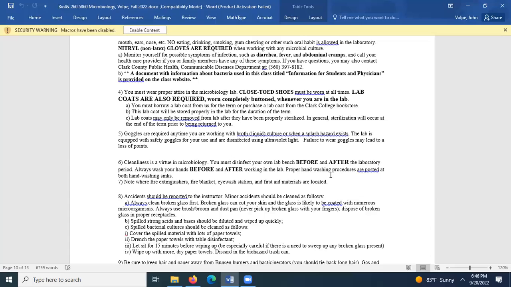And so we do require you to have closed-toed shoes in the lab. And then you have a lab coat, which would help also. Lab coats must be worn and completely buttoned. And then the gloves help. Accidents have to be reported to your instructor. Minor accidents should be cleaned as follows.